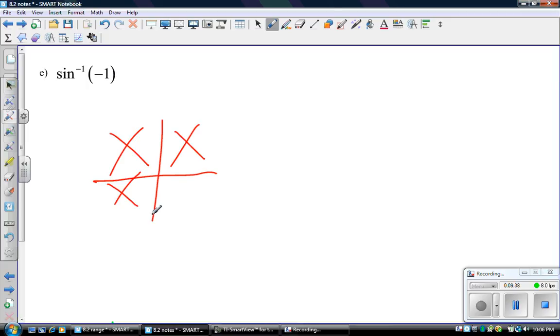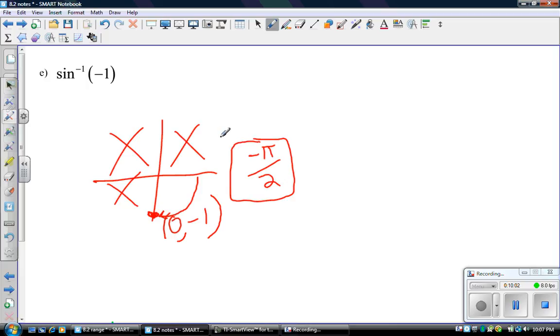Well, that's actually on the axis down here. This dot is the point 0, negative 1. And then again, we used to call that 3 pi over 2, but now instead we're calling it negative pi over 2. And there's the answer.